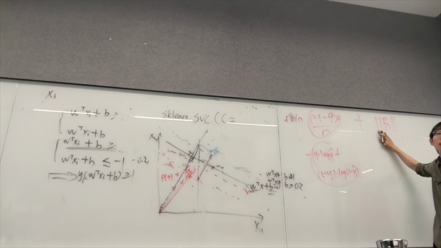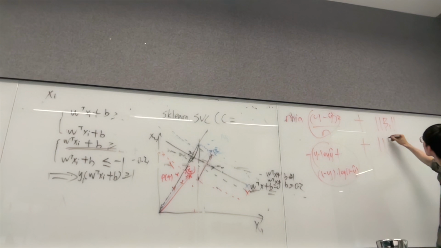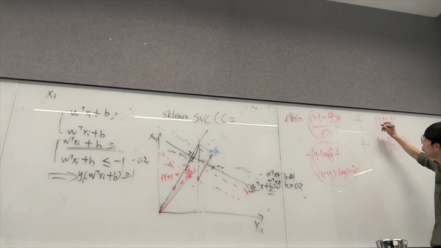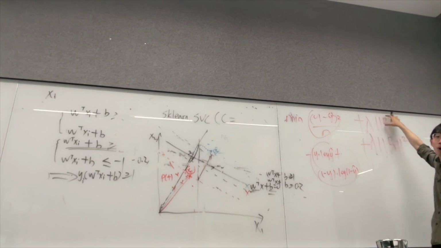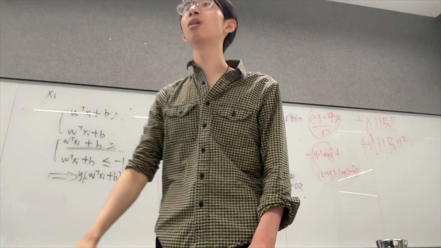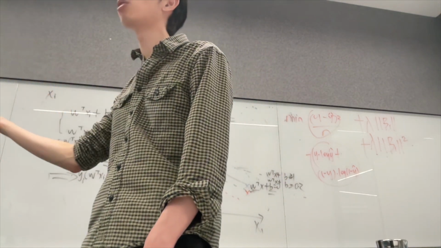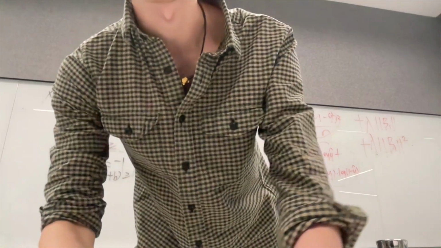This is L1. If it's L2, it's something like this. But we still have something called lambda to control the magnitude of this. So if you search sklearn linear regression parameters, you should find something called lambda.